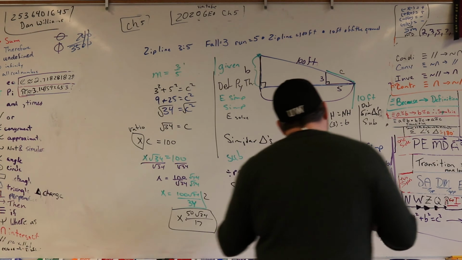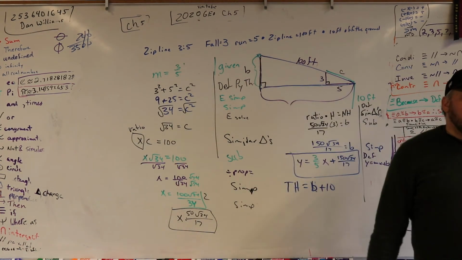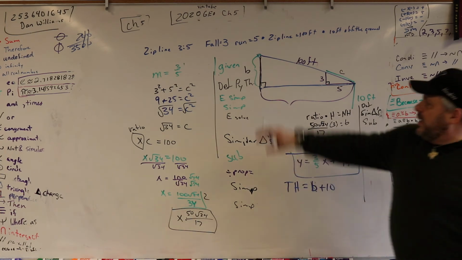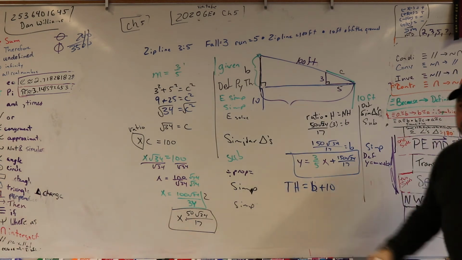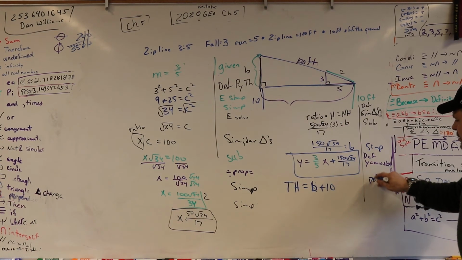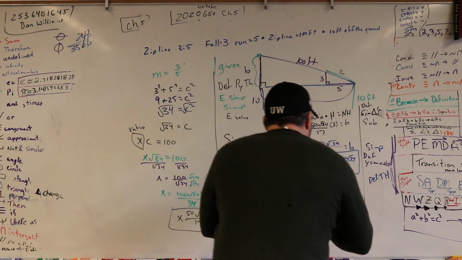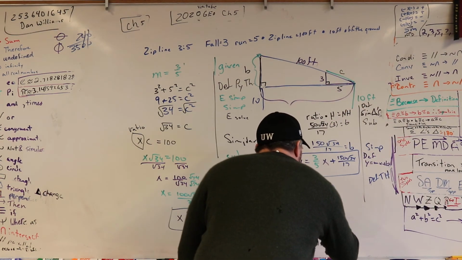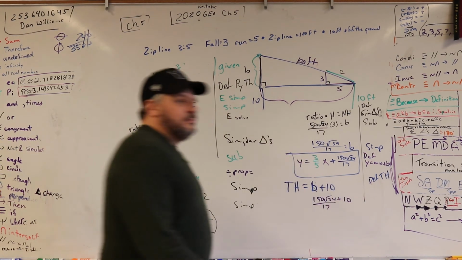That is the definition of this height. Then plug it in. So now you know how much it is. You can do it in your calculator: 150 square root 34 over 17 plus 10. Right?